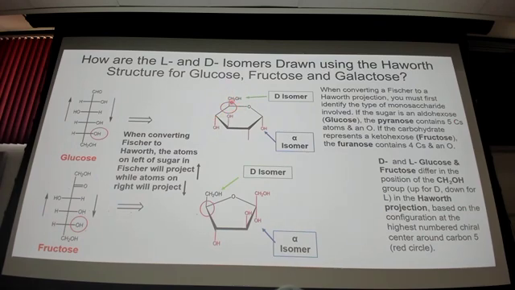Because it sits up, it is the D isomer. But if it was reversed, it would be the L isomer. So if the CH2OH was pointed down, correct, it would be the L isomer. Any questions?